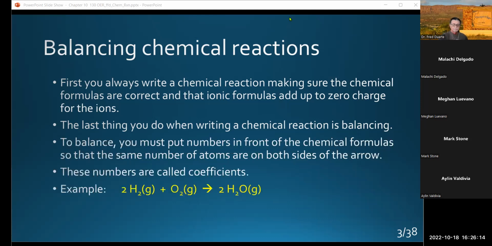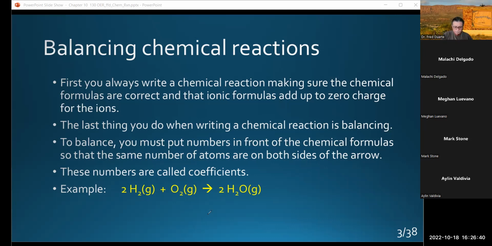So here we have a reaction. And this is a good example of one of the types of reactions, which you'll see here in a bit. It could be written out in words. It could say hydrogen gas in the presence of oxygen reacts to form water. Okay. So we would take that verbiage, if you will, and convert that to a chemical reaction.